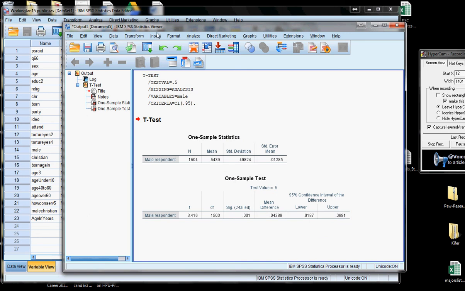Again, if we went back and did the analyze and the t-test, our point of comparison, the test value, would be 50, because the original variable went from 1 to 100. We would be testing whether 54 was in fact different than 50, such that you could say that the average respondent in the sample gave that particular candidate a positive versus a neutral or negative evaluation rate. And that, my friends, is what a single sample t-test does.